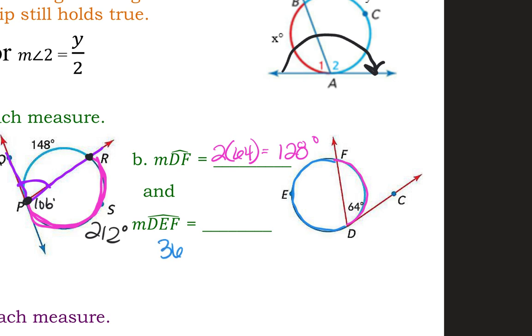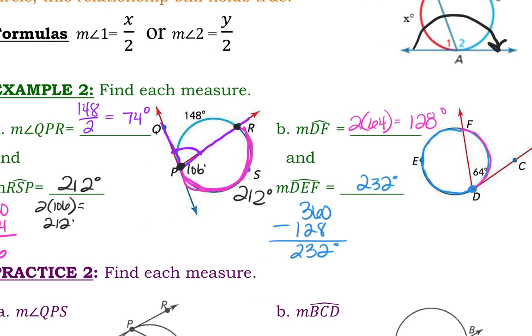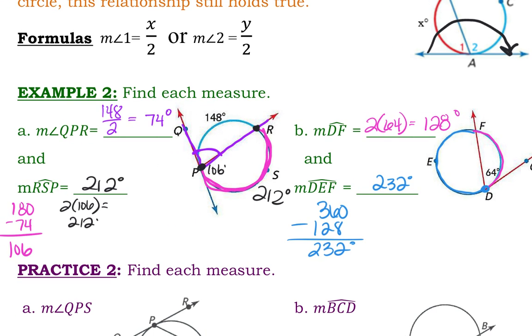We could do 360 minus 128 gives us what? 232. Because this is a tangent, it's just touching your circle at one point. Could we have done the second step on the first one? Could we have done 360 minus 148 instead? You could have. And again, either one's correct, whichever one you want to go with.